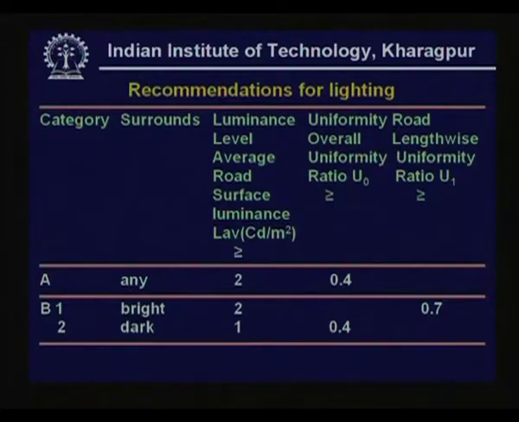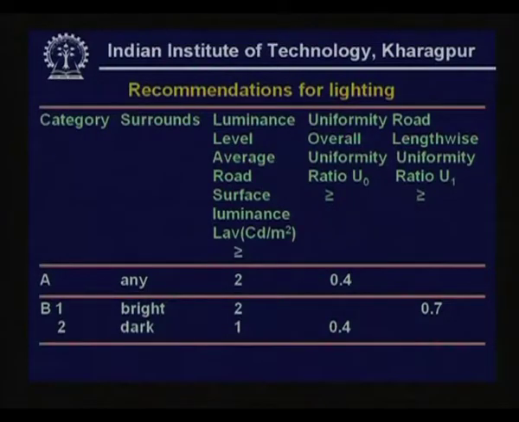These levels also take into account what we call surroundings. Observe that for category A, no matter what the surroundings, remember category A is essentially expressways which have complete access control. There is hardly any slow speed traffic; it is heavy traffic and would come under national highways or state highways.